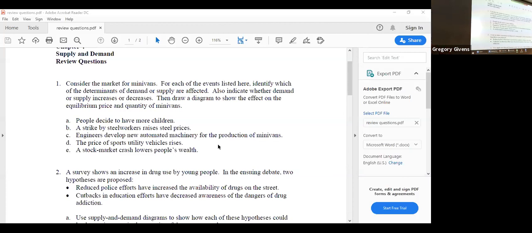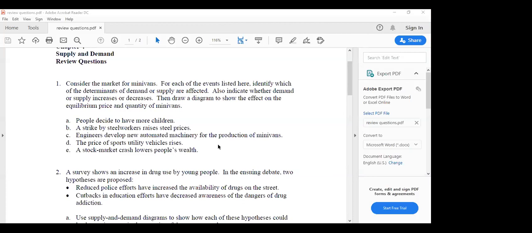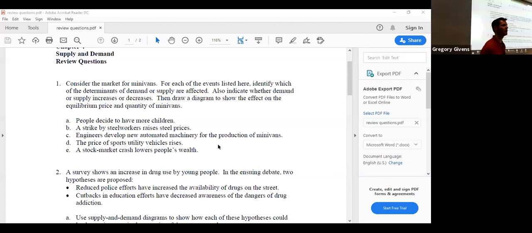How about part B? A strike by steel workers raises steel prices. How does that affect the market for minivans? Matt? Yeah, so if there is a strike by steel workers, then that's going to affect inputs, right?